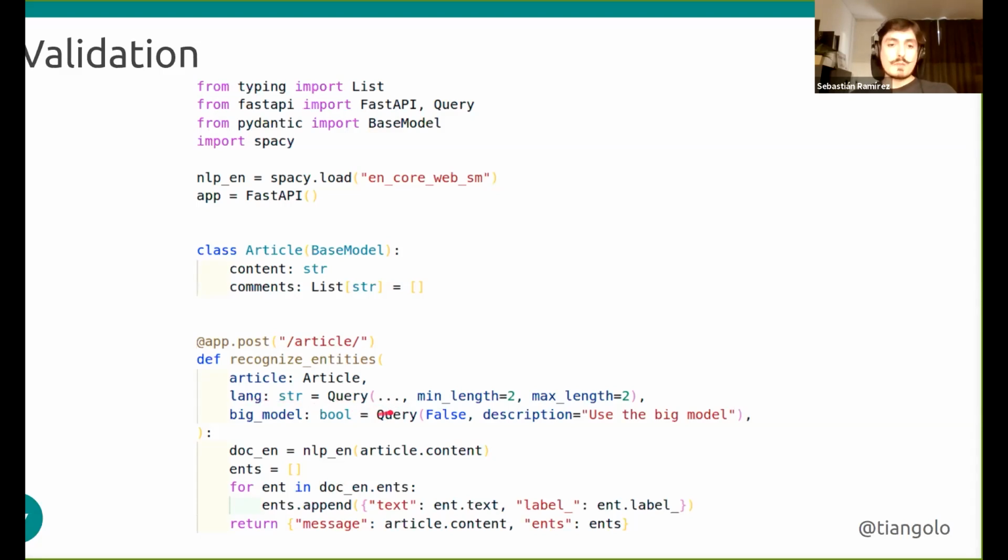And this is the way we also use in Pydantic to declare that something is required when we need to add extra validation or extra metadata or anything like that. And we're also using the same Query thing that we were using before, just that for the big model, the default value is false, and for lang, the default value is these 3 dots, which is the symbol called ellipsis, which means that this lang is required.